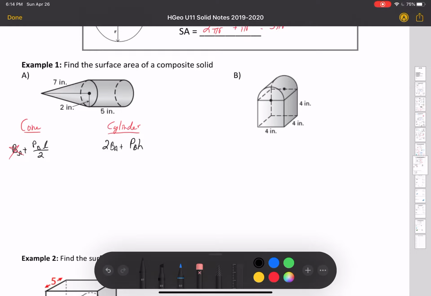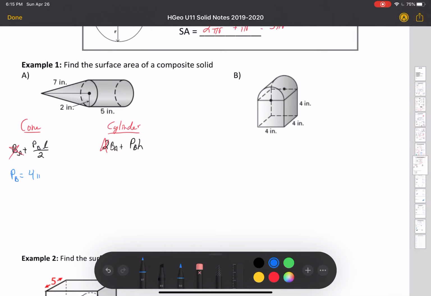For the cylinder, we cannot touch one of the bases. We can touch the far right base, but we cannot touch the second base because that's where it's fused with the cone. Okay? So now we are going to work through this and find each part and then add them together. So for the cone, perimeter of the base, the radius is 2.